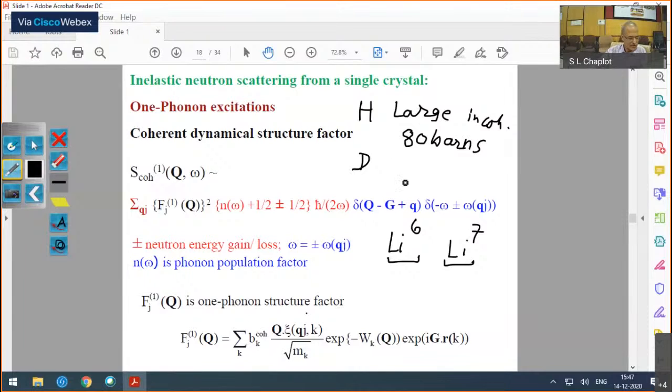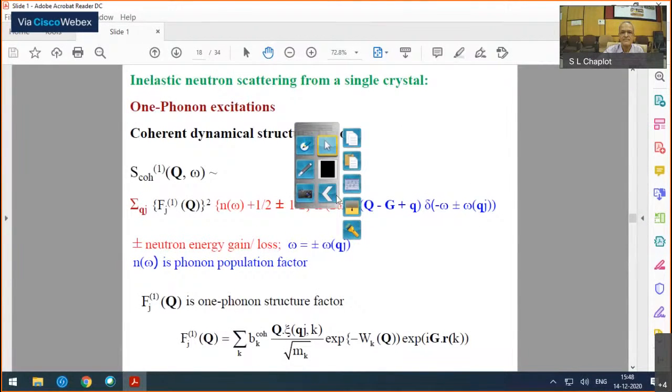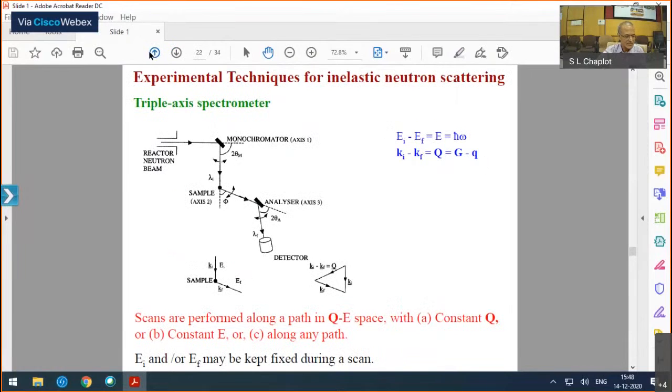There are certain other issues here. For example, let's take this monochromator crystal.